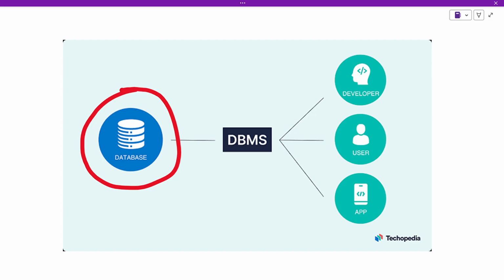So it's not just a normal storage device. So we call it a database because we know that we are placing all of a certain entity's things into a place. So everything within a single database can be considered as all the data which is required for a certain business. So that's how we can define a database.